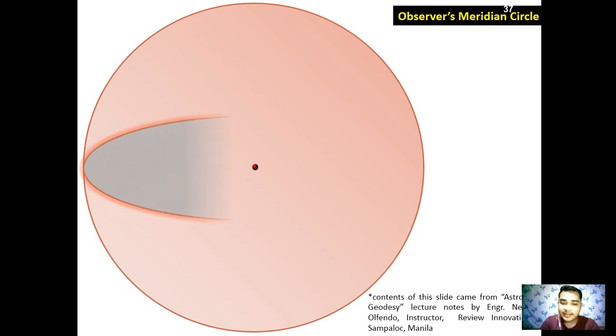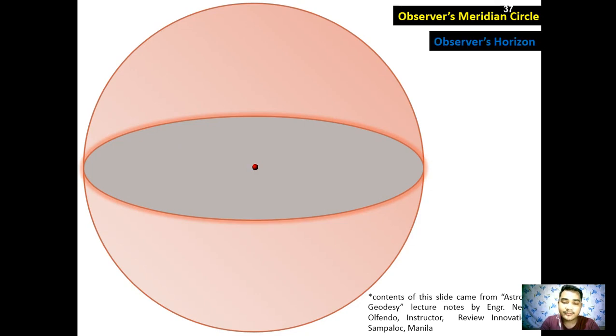The first plane in the horizon coordinate system is the observer's horizon. That is the line you see at your location when you turn around 360 degrees; that's the horizon.